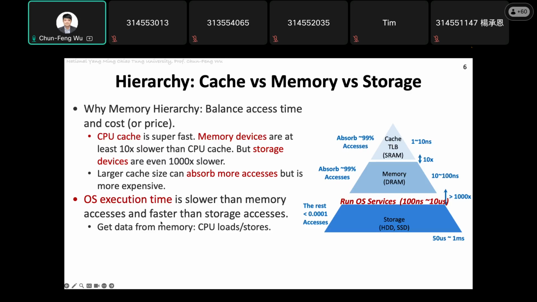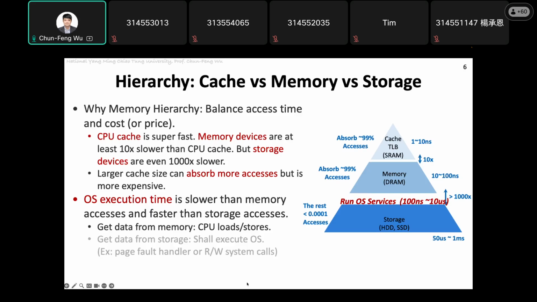Then when the data is in memory, usually the CPU will use load and store instructions to directly access data in memory. So when the CPU is going to access that kind of data, usually there is no operating system involved, because the operating system takes more time, right? And memory now is faster.